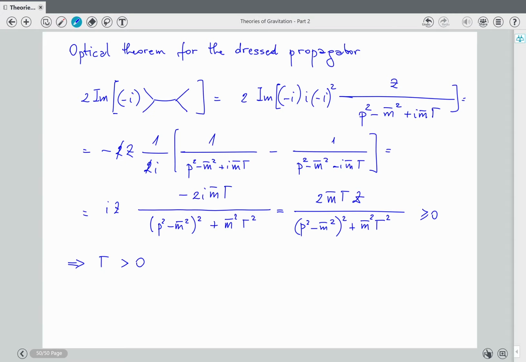But if we instead put a minus sign in front of the propagator, because we start from minus 1 over p squared minus m squared, as in the case of the fake particle, and we then quantize it like a fake particle, the minus sign will give a plus there.